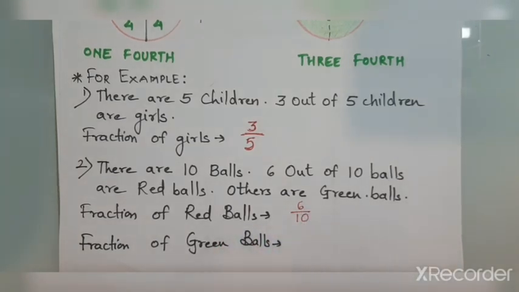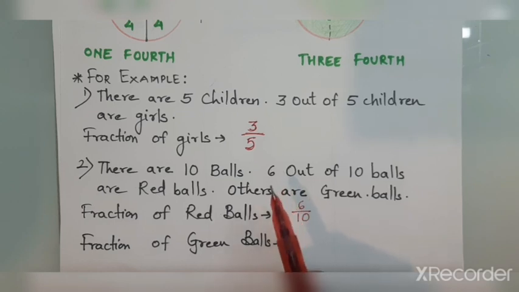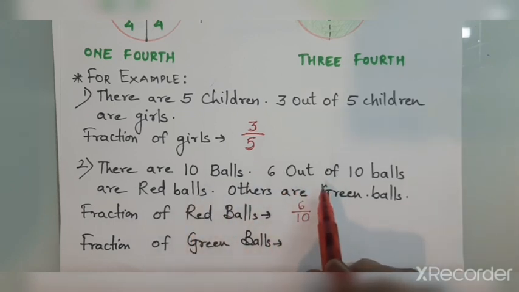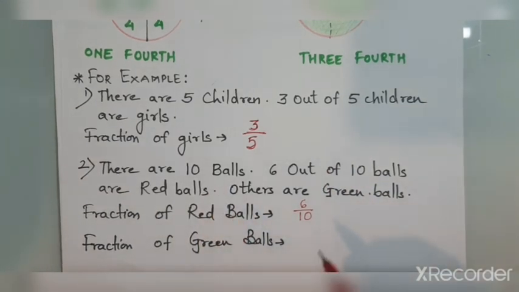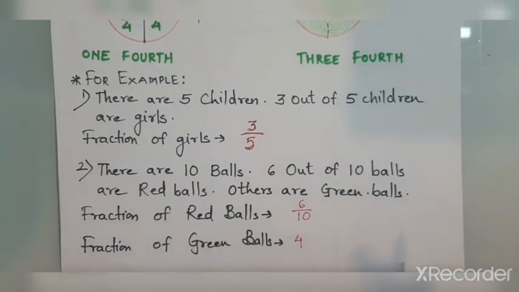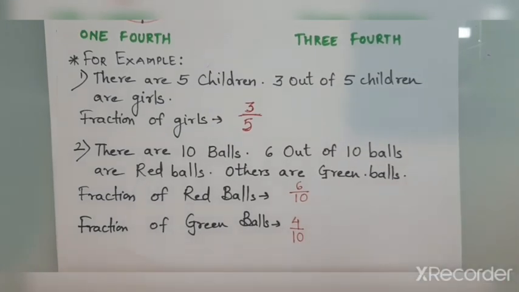So 6 upon 10 is the fraction for red balls. Now green balls, they have not given how many are green, but the remaining are green balls. So out of 10, if 6 balls are red, naturally the remaining 10 minus 6, 4 balls are green. Correct? Now if 4 balls are green out of 10, the fraction for green balls we'll write 4 upon 10. In this way we write a fraction.